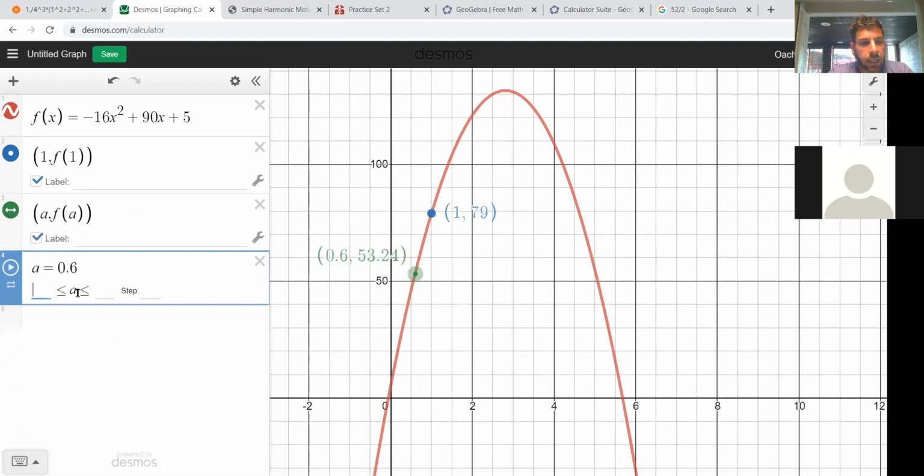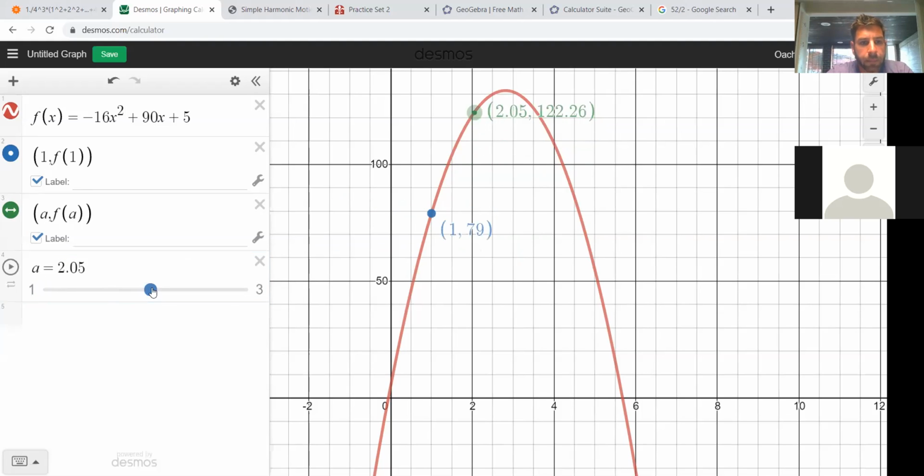What I can do is I can let this be, say, a number. Okay, so what happens is I have this point. I was studying the green point, and I wanted to know what was the slope of the line between the green point and the blue point. This is my average velocity.